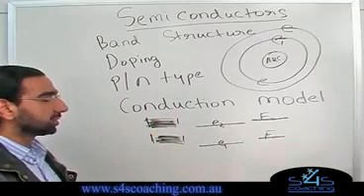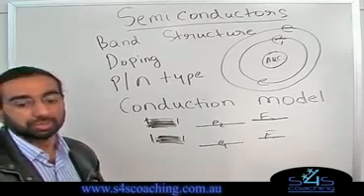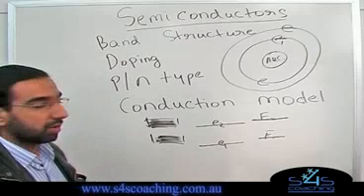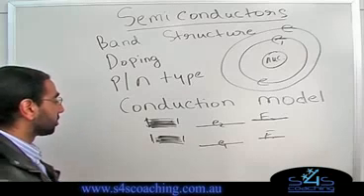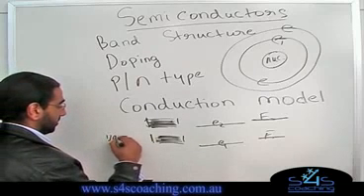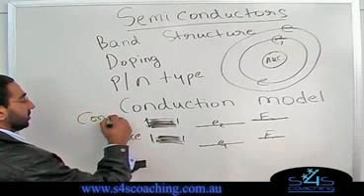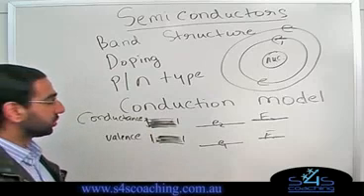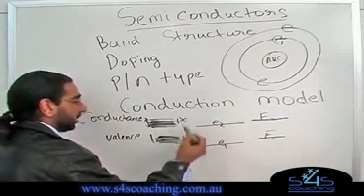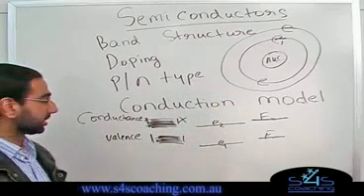And based on these, we can have a look at the difference between conductors, insulators, and semiconductors. Now, the lowest band in an insulator or a semiconductor is called the valence band, and this is called the conductance band. For an electron to conduct, it needs to be here. If the electron is there, then it is free to move, and it can conduct.